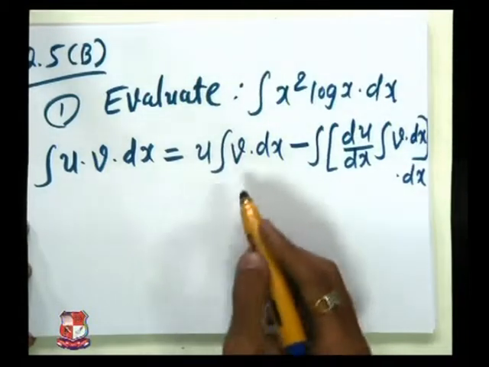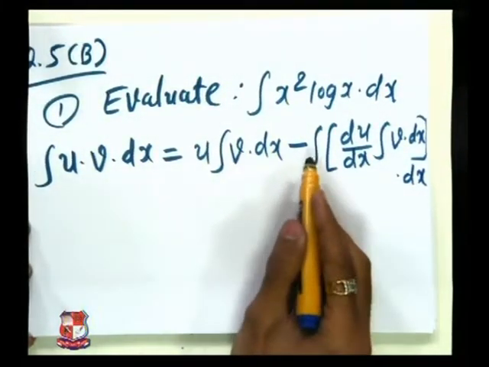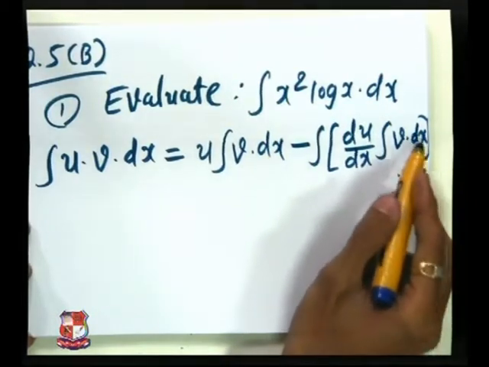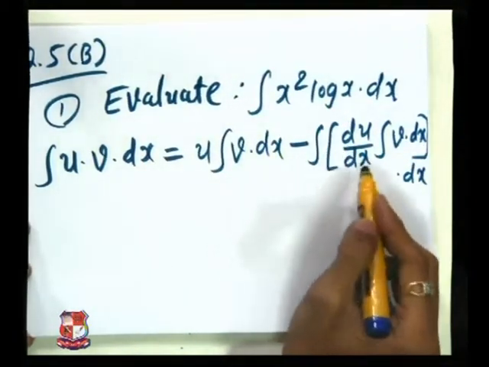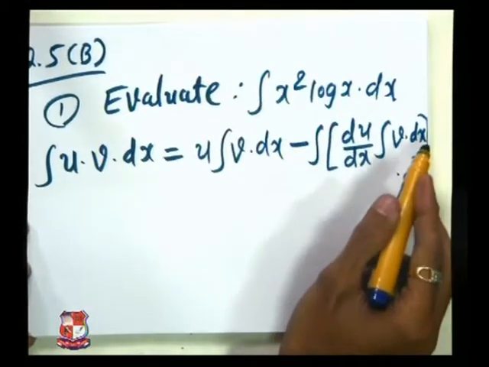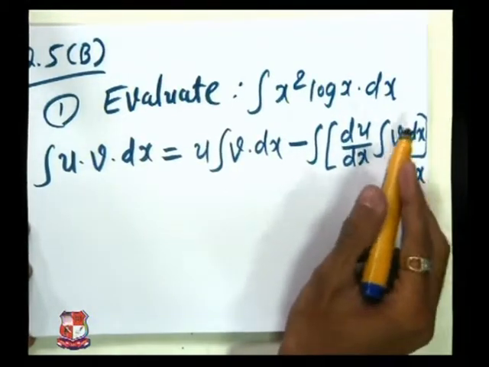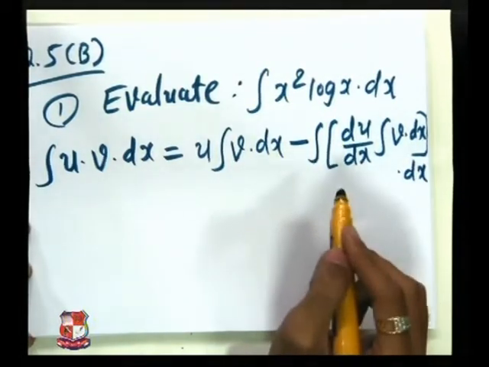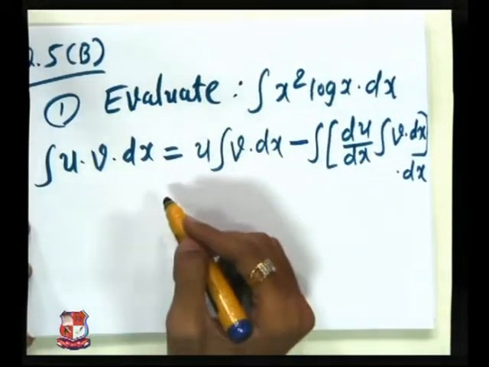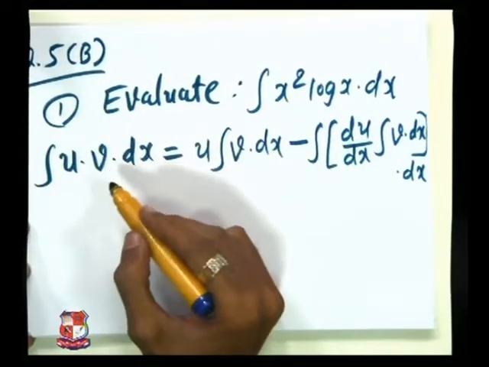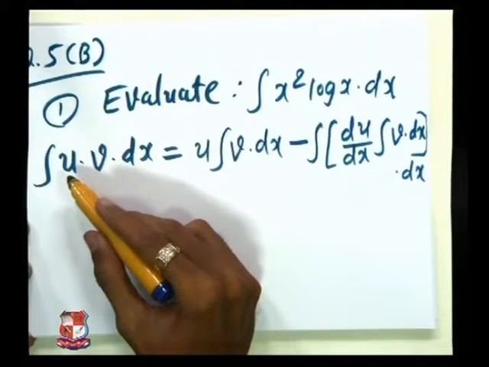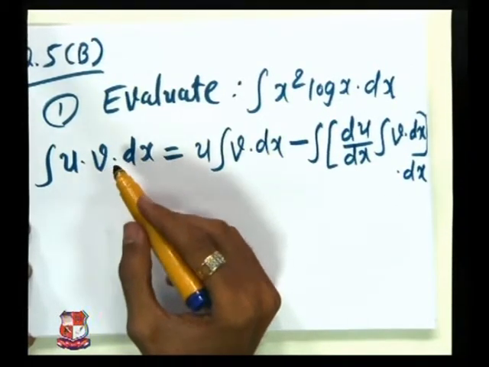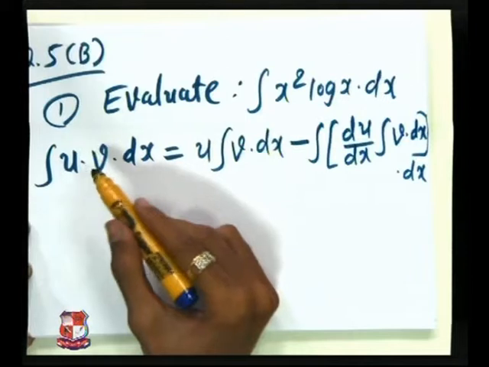So u integration v dx minus integration of du by dx integration v dx, the simplification of this bracket, and then again integration of this solution with respect to x. So in this way we can integrate the multiplication of any two functions of x. And the another question is how to select u and v.